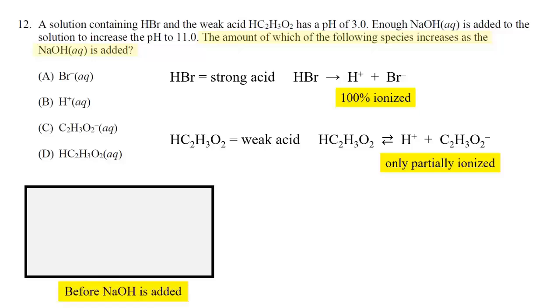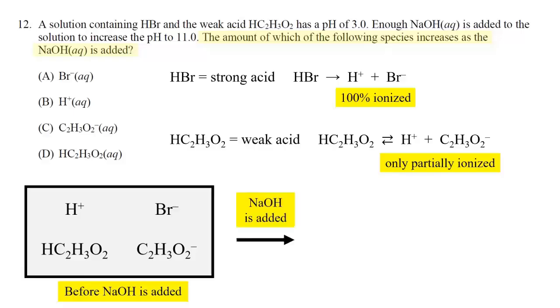I'm going to draw a little particle diagram with some formulas inside. So we have H plus and Br minus from the strong acid, 100% ionized. But then we have a mixture of molecules of acetic acid with some ions of the conjugate base, acetate. Now all of this is present in the solution before the sodium hydroxide is added.